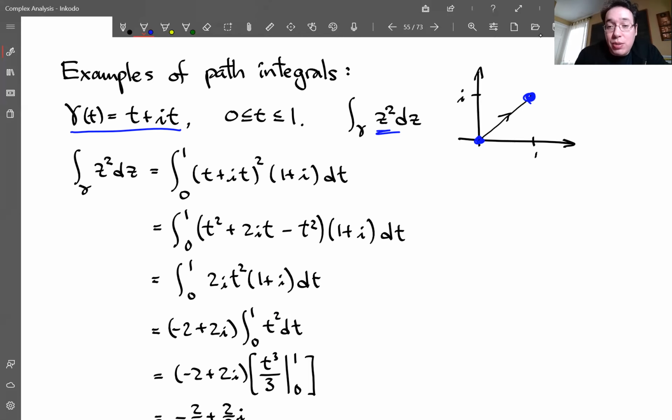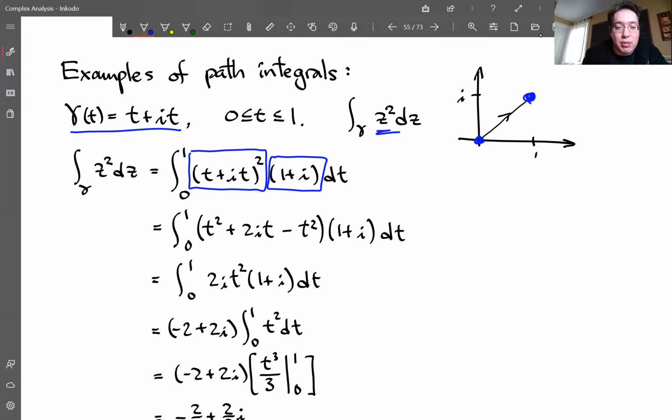Well, I'm going to use the formula for the line integral. So I'm going to look at the function z squared, except I'm going to plug in gamma, which is t plus it. And then I'm going to multiply the integrand by the derivative of the curve, gamma prime, which in this case is 1 plus i.